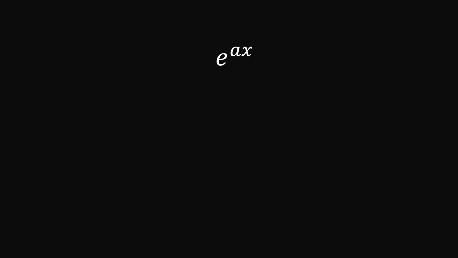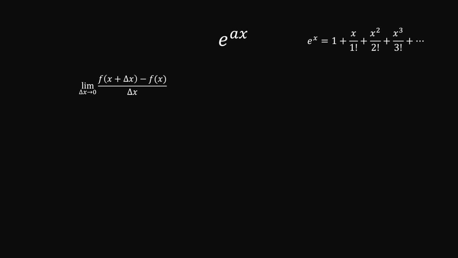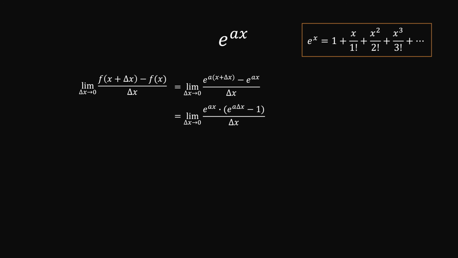Now let's differentiate this general exponential function. The key is this computing formula for exponential function. Take the difference, divide over delta x. Now take out e of ax. The formula for e can be used to expand this delta term.